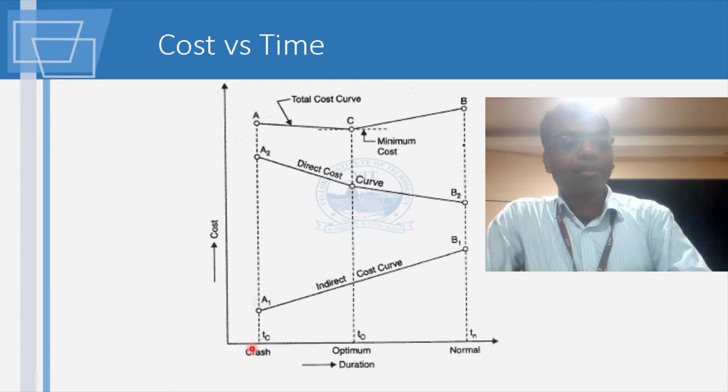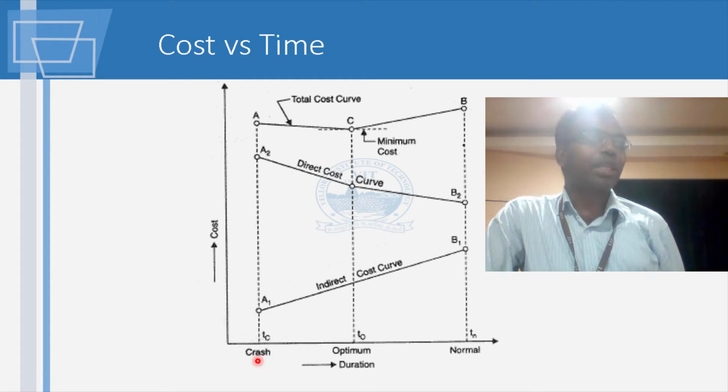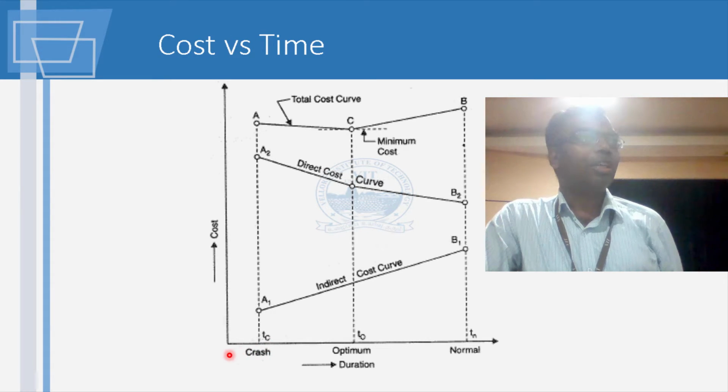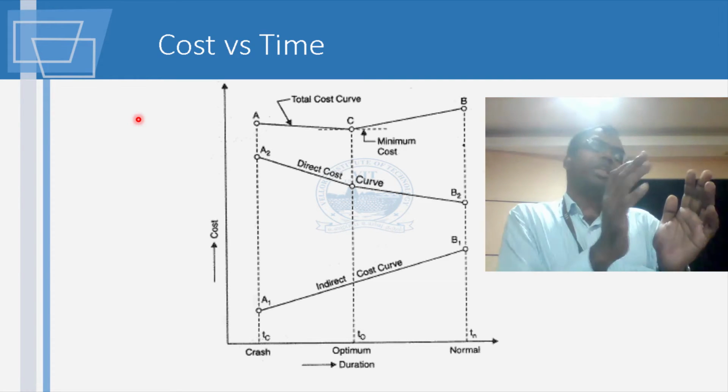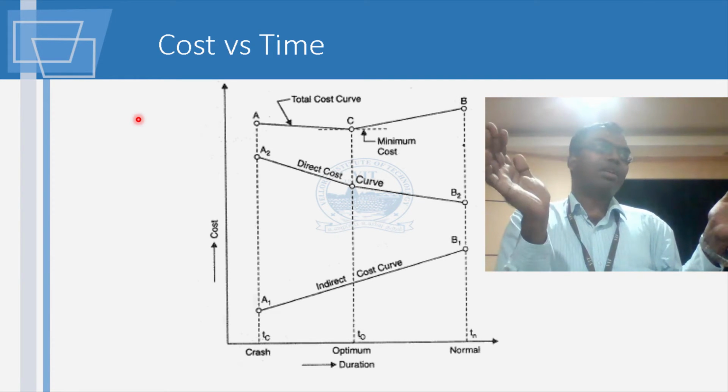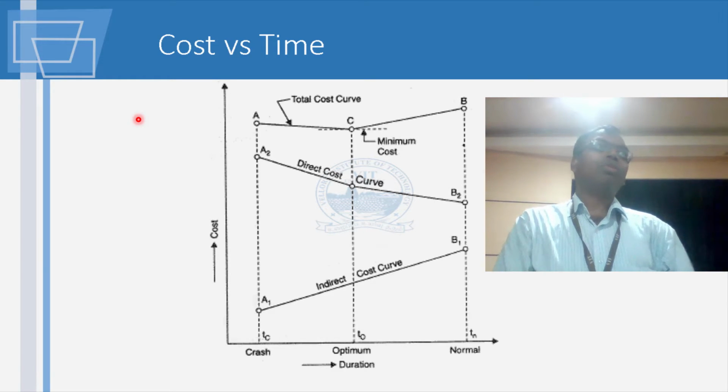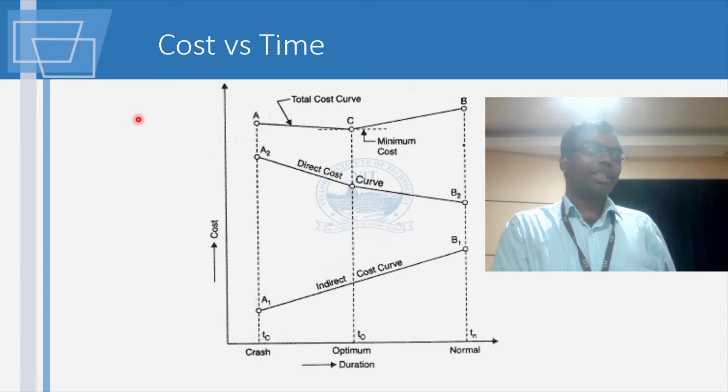So here in this, of course, because we are putting it in the terms of crashing, the word crash is happening. What essentially I'm trying to convey is we are showing a subset of the entire curve. This curve is true for a project. So his question is, why did we start at crash, not at the onset of the project?